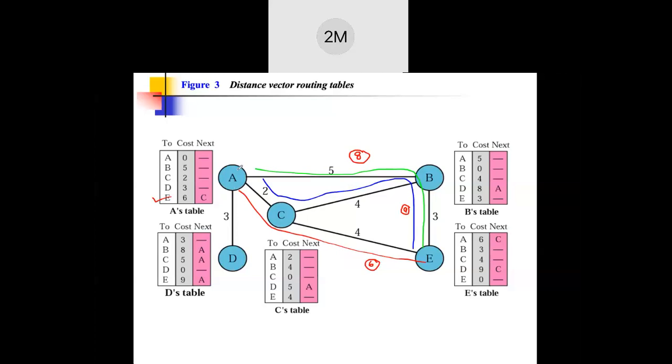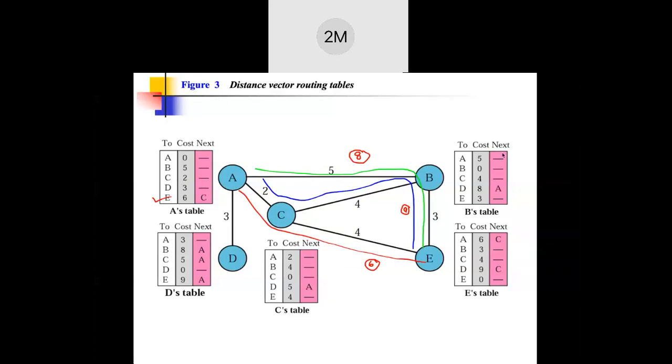One is periodically, but deciding the period is the question, because if I take the period very large, as the network scenario is dynamic, many changes occur in the network within that period, so it will miss the changes. If I keep the timing very small, unnecessary exchange of tables takes place, and this will create traffic.